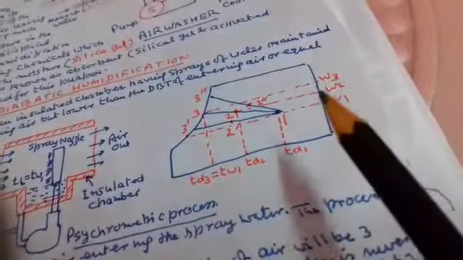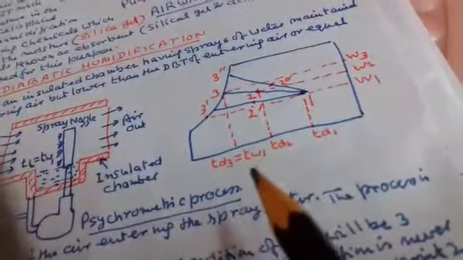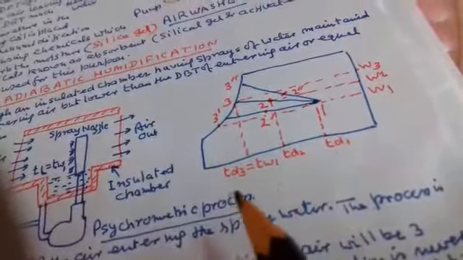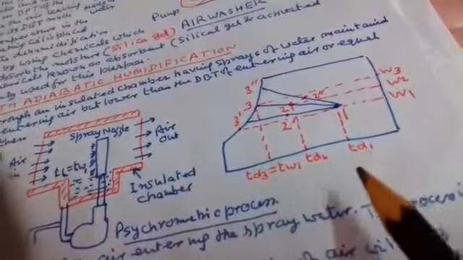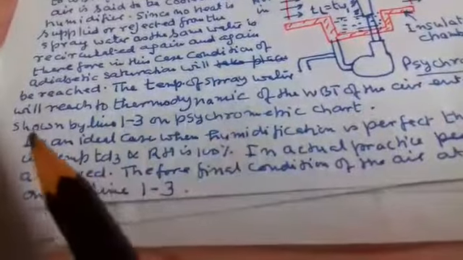The temperature of the spray water reaches the thermodynamic wet bulb temperature of the air entering into the spray water. The process is shown by the line 1-3, as I have shown you in the sketch of the psychrometric chart. In an ideal case, humidification is perfect.